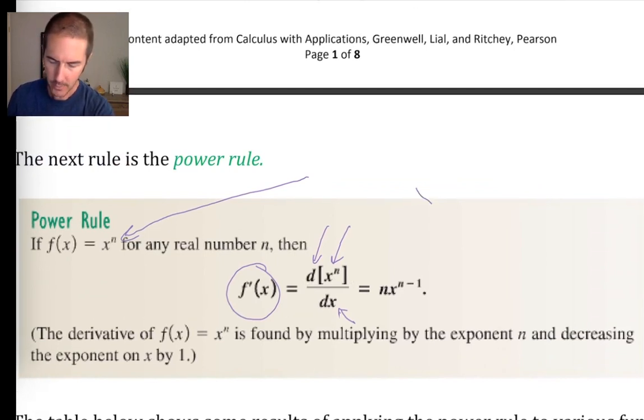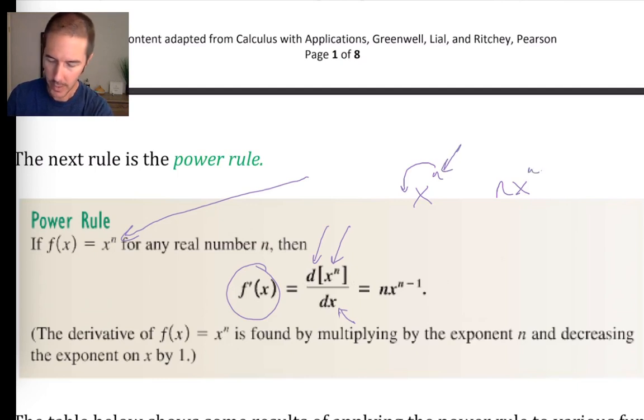If you're given x to the n, and you take this n and you multiply it by the coefficient that's already there, which is 1, then you will get a new coefficient of n, and the variable is still there, and then we're going to take this exponent of n and we're going to decrease it by 1.